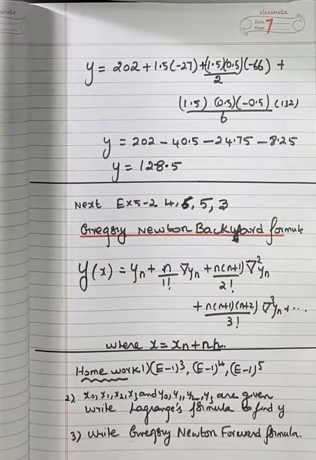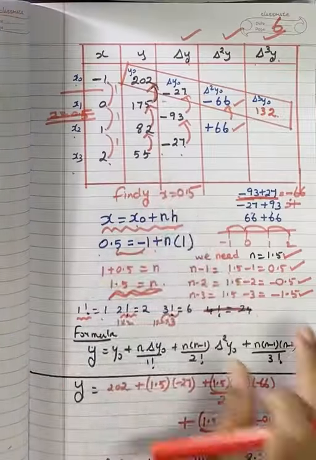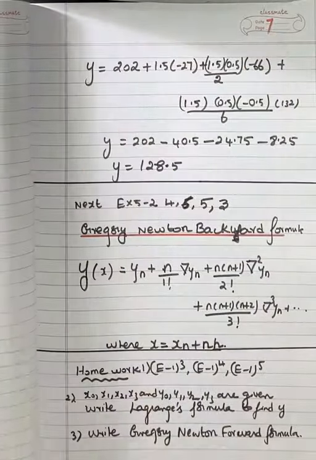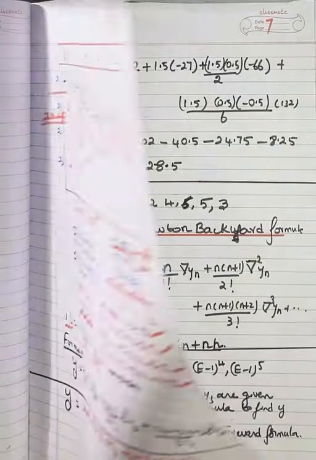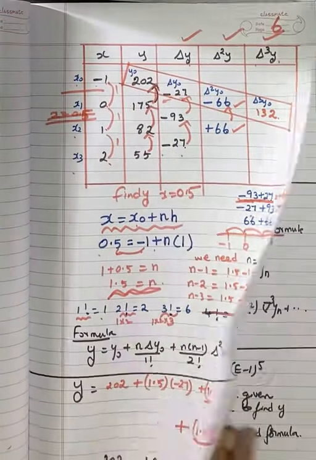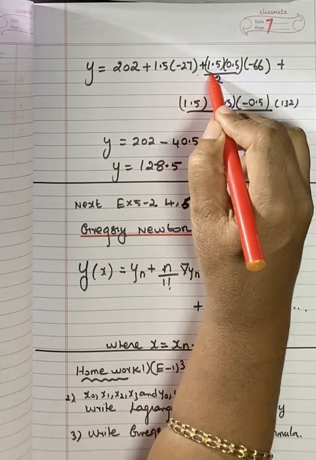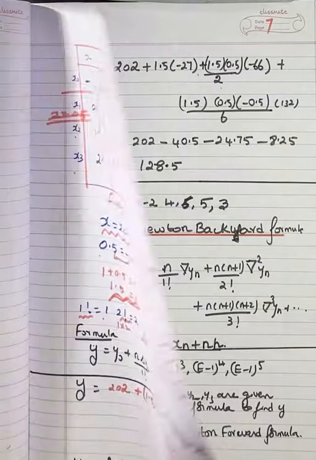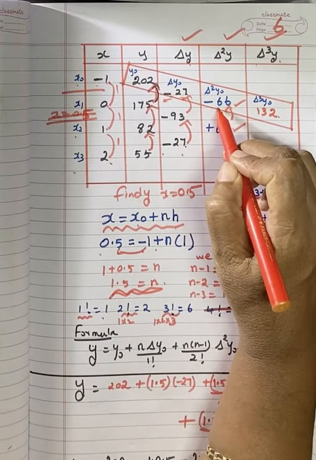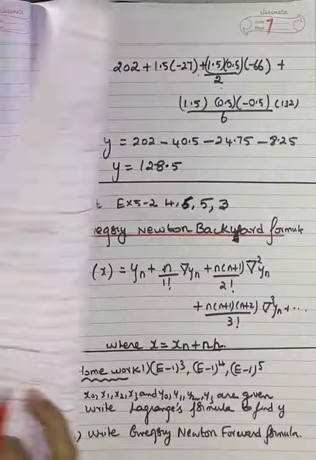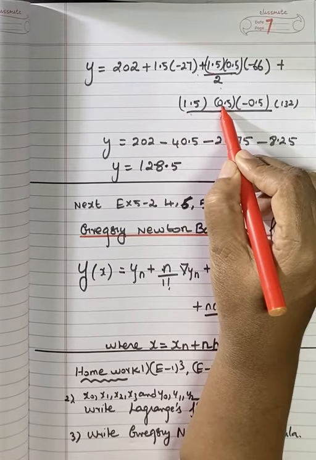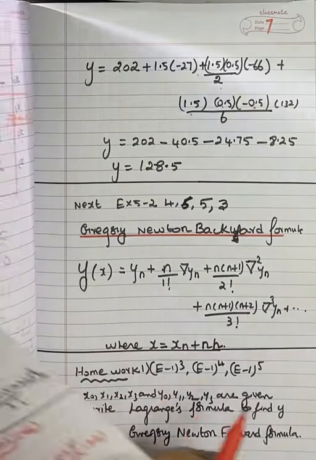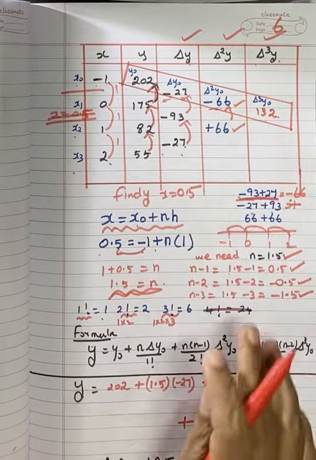So we'll substitute. Y naught is 202 plus n, n is 1.5, into delta y naught means minus 27 plus n into n minus 1 divided by 2 factorial, that is 2, delta square y naught minus 66 plus n into n minus 1, n minus 2 divided by 3 factorial, that is 6, into delta cube y naught, that is 132.